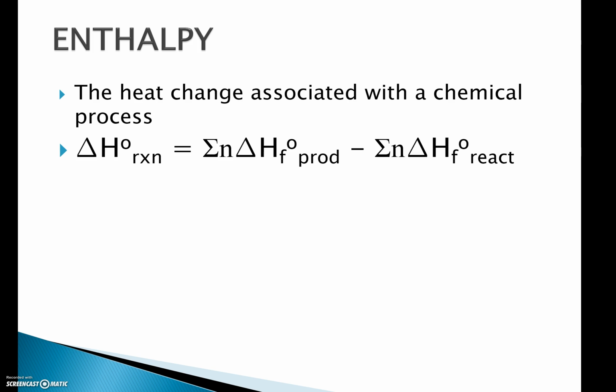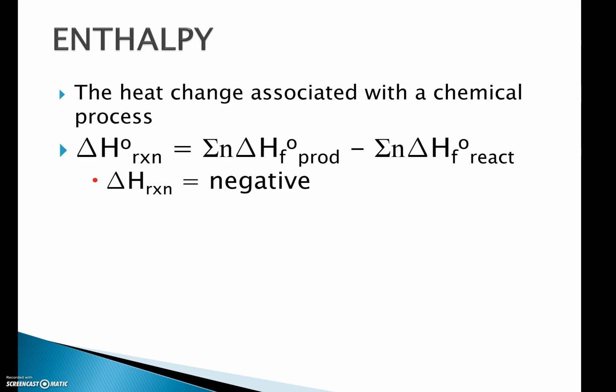So we look at a balanced equation, we figure out how many moles of each substance there are in that balanced equation, look up the delta H of formation values for those substances, plug them into the equation, and we can decide what the delta H value for a reaction is.